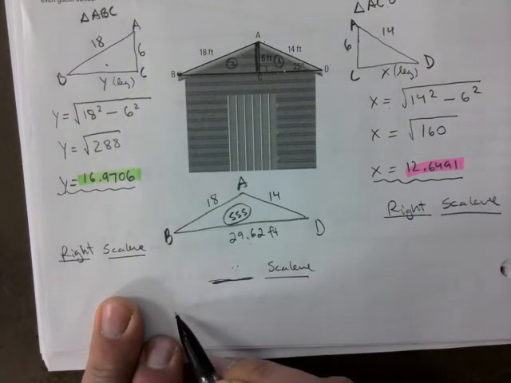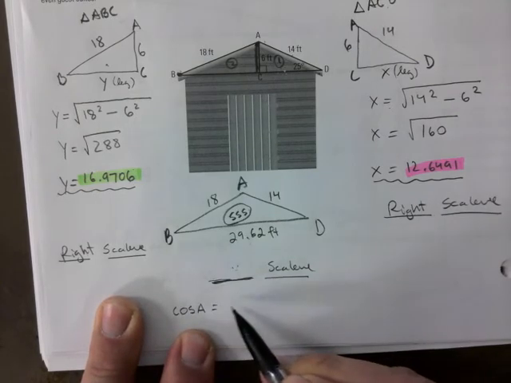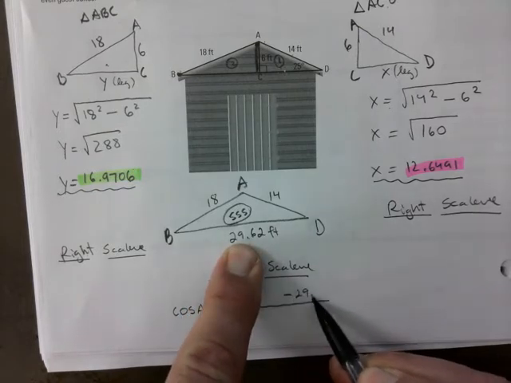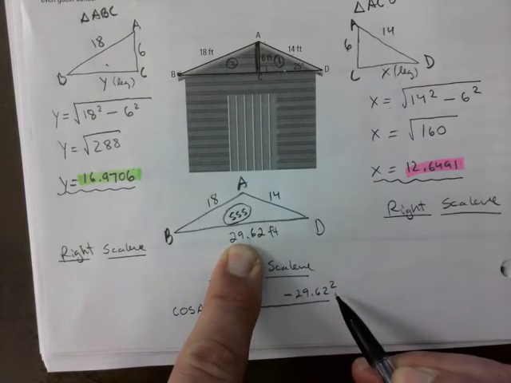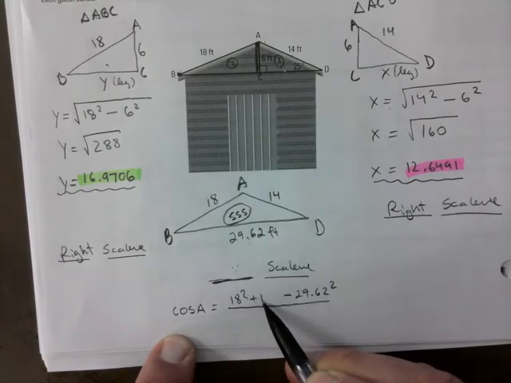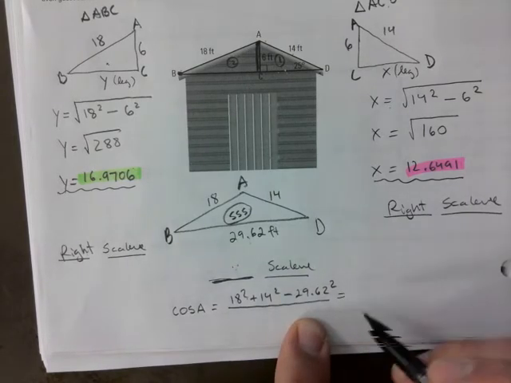So we're going to do this. I allow you to do this. Watch. Cos A, the side that's across from it, squared. 18 squared plus 14 squared. Watch this. We're not even going to care about the rest. What am I going to check?